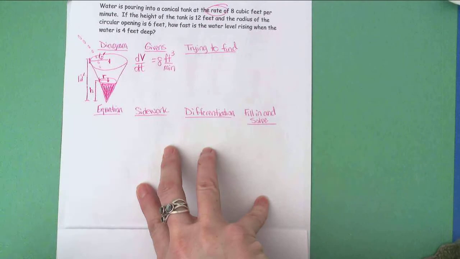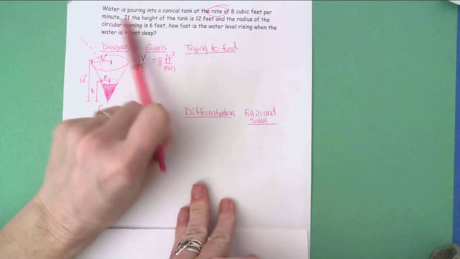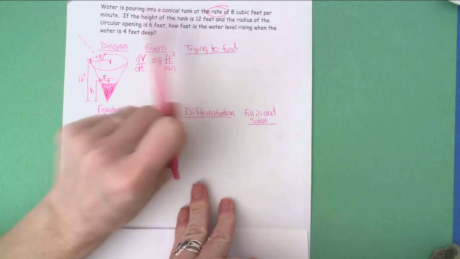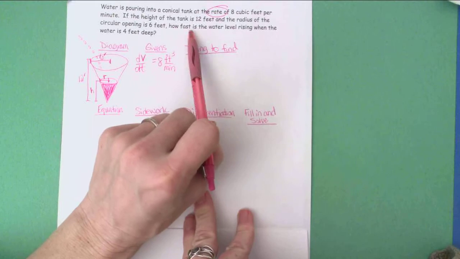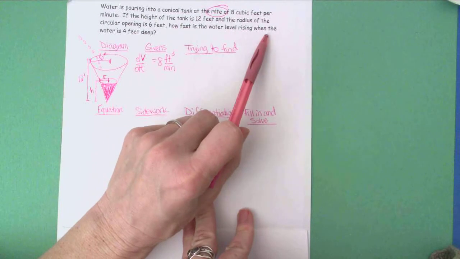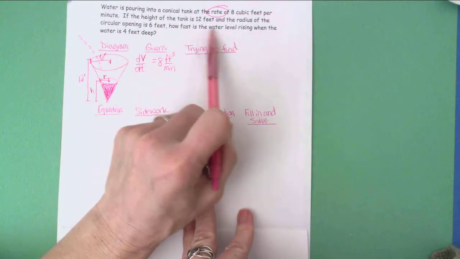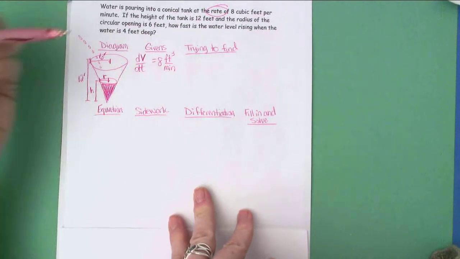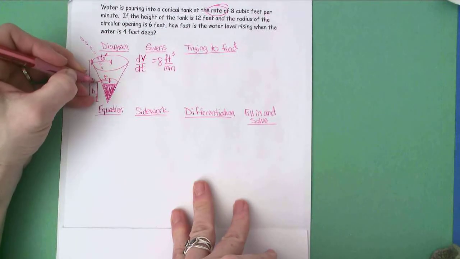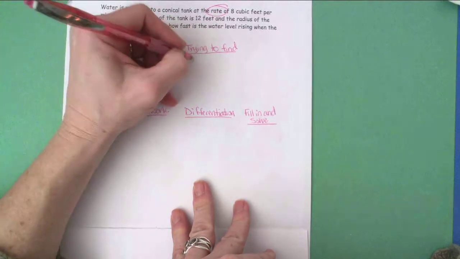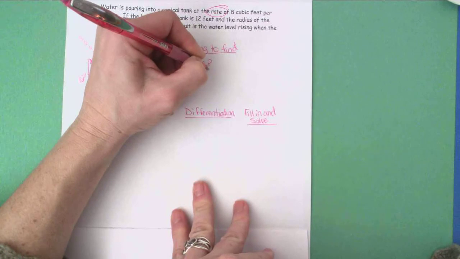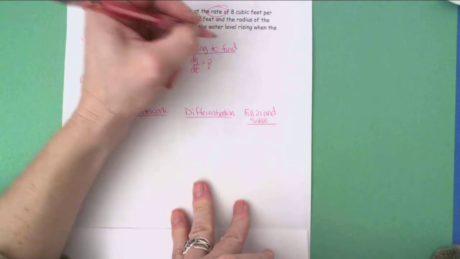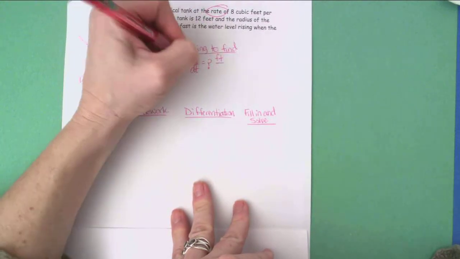Okay? If I keep reading, we already got this part. The height of the tank is 12 and the radius is 6. Here we go with what we're trying to find. How fast is the water level rising? Well, I've called the water level h. So I want to know how quickly h is changing. So I'll be looking for dh/dt. Height is measured in feet, time in minutes.